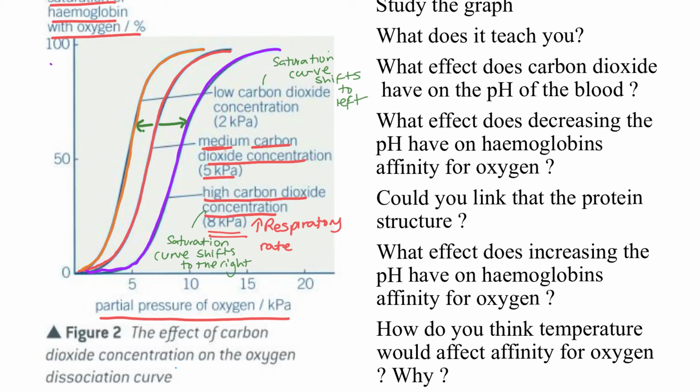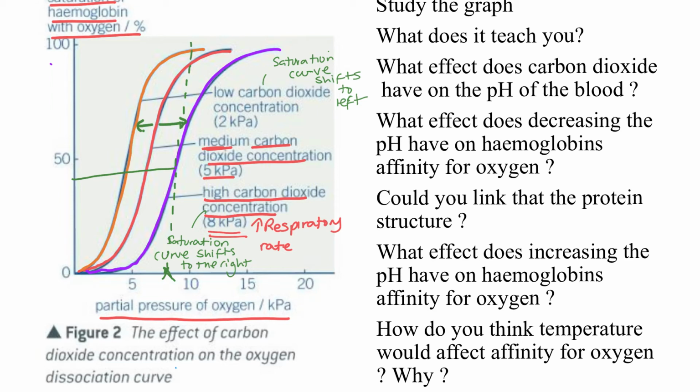Well, it means that at a particular partial pressure of oxygen, let's say at 8 kilopascals of oxygen, if there was that particular partial pressure in your environment, each of these hemoglobin molecules would have a different saturation level. So, the hemoglobin molecule that found itself in the high carbon dioxide concentration, let's say that's about 45% saturated.